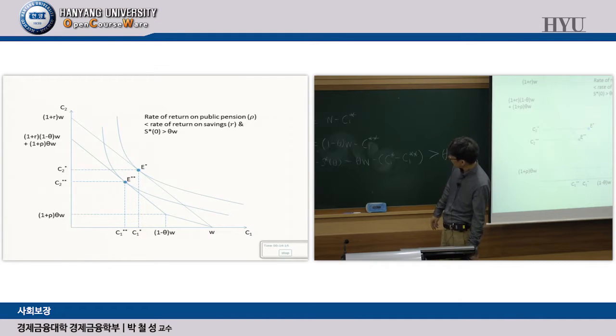Let me see. Yeah, that's the case. That is theta W, C1 star minus C2 star. So it should be greater than theta W. Which means what?